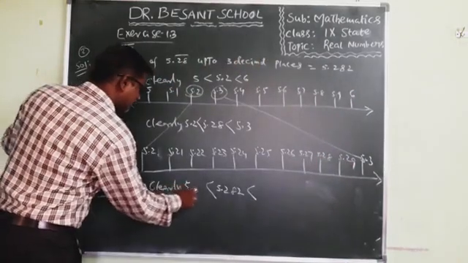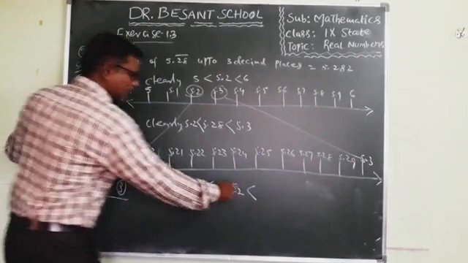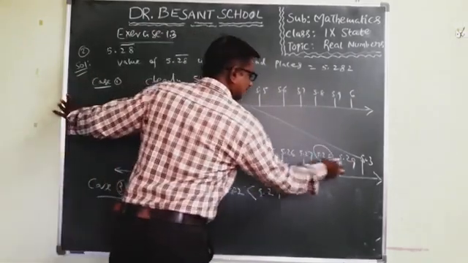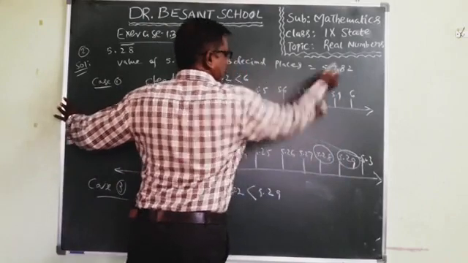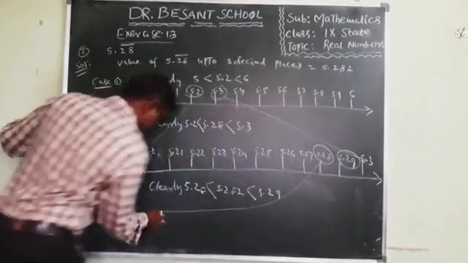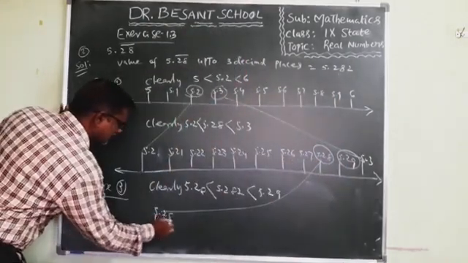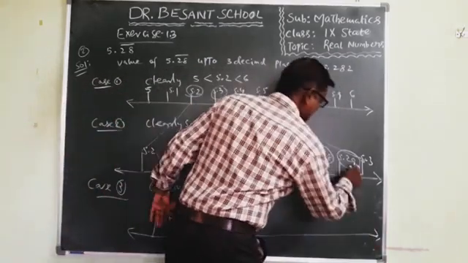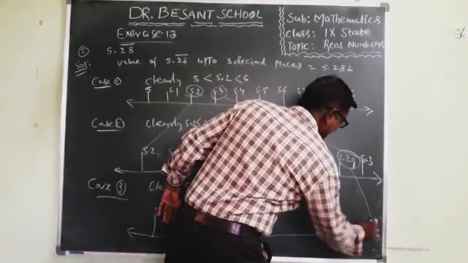So clearly 5.28 is less than 5.282, which is less than 5.29. So between this and this you will get 5.282. Round off that one: this is 5.28, and round off this one: this is 5.29.